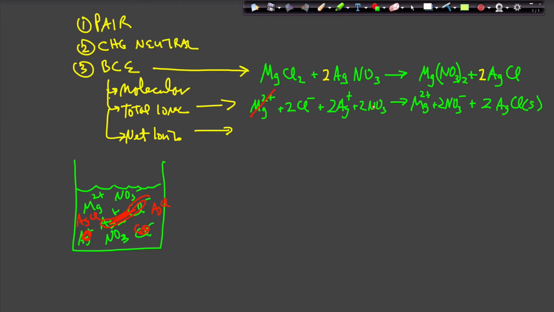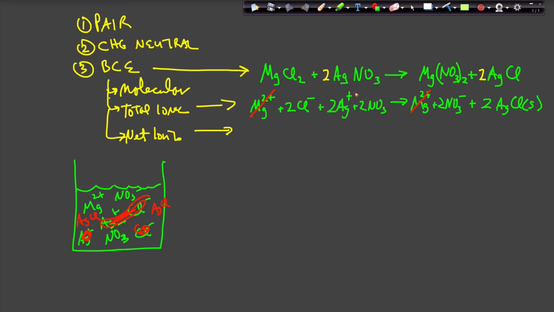I'll cross off magnesium. Why? Because magnesium is a free-floating ion on the reactant side, and it is a free-floating ion on the product side. I'm not going to cross off chlorine because it's a free-floating chloride ion on the reactant side, but it is totally different. It is part of a compound on the product side, so it's actually changed.